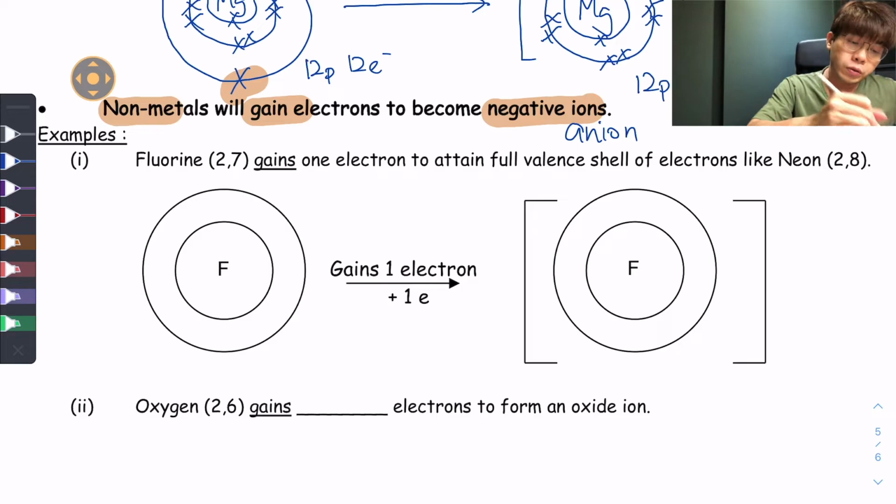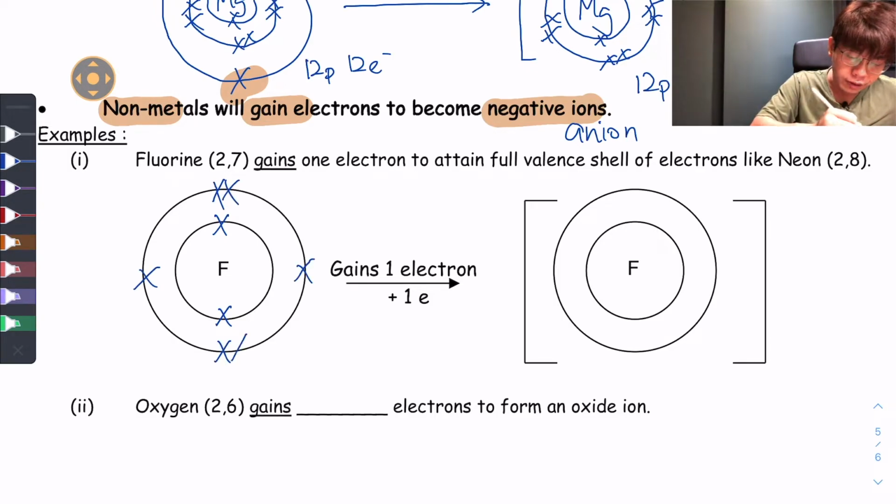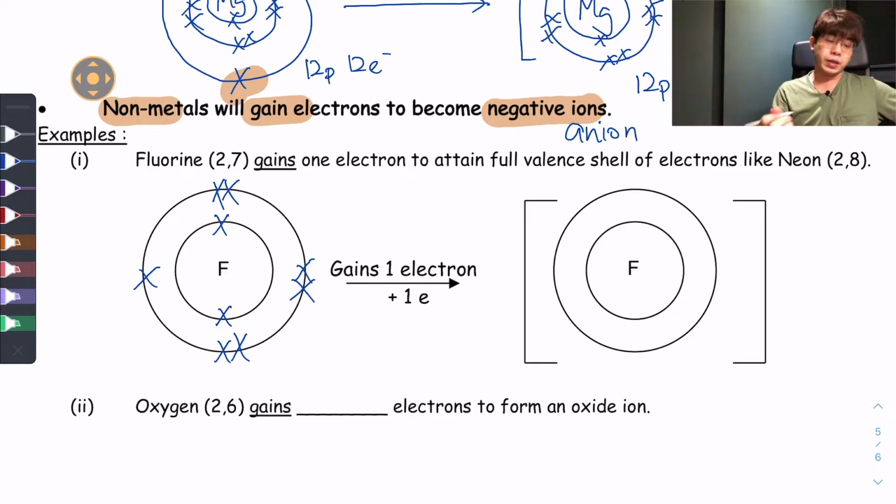So over here, for fluorine, we draw the electronic configuration 2 and then 7. Now I'm going to gain an electron, and this electron will come from outside. I'm going to draw this again.